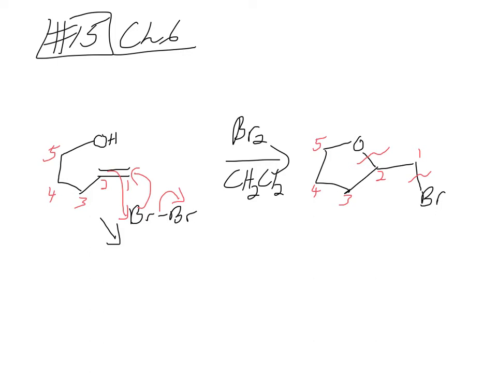Bromonium ion formation. So let's say 1, 2, 3, 4, 5. We made Br minus. We've also made the bromonium ion.